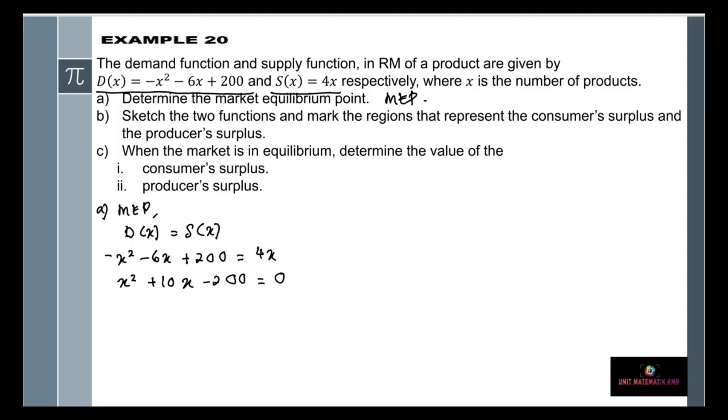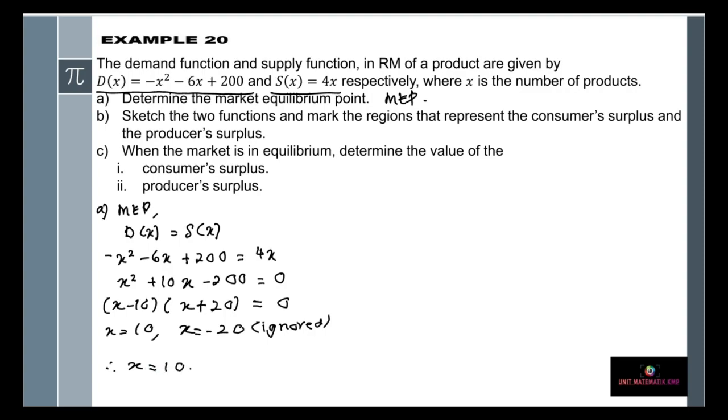So this one is (x minus 10)(x plus 20) equals 0. So we have x equals 10, x equals negative 20. x equals negative 20 we ignore, so therefore x equals 10.